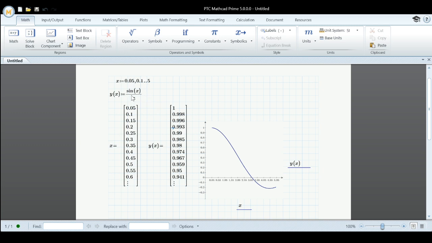And you see, sin x, as we write, it is not a function, because sin of x is a function. We often miss this term.